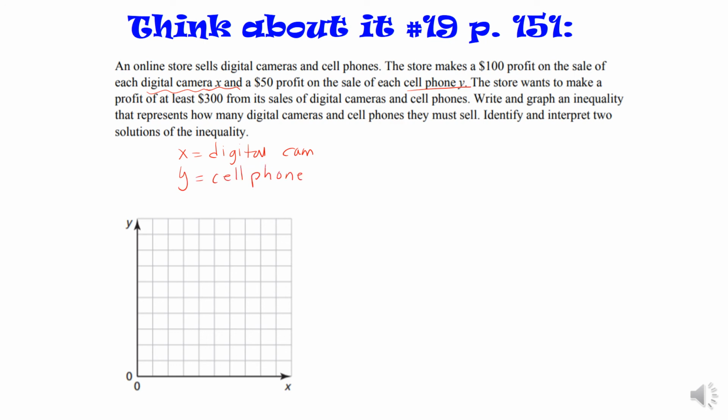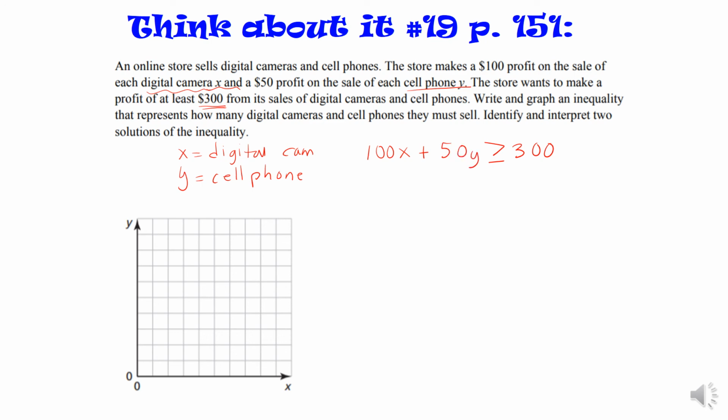Okay, now it's telling us that they want to make a profit of at least $300. So at least $300 would look like that. Okay, it could be 300, but they'd love it if it was greater. Then we're going to put the value of each of the things. So for digital cameras, they make $100, and for cell phones, they make $50.